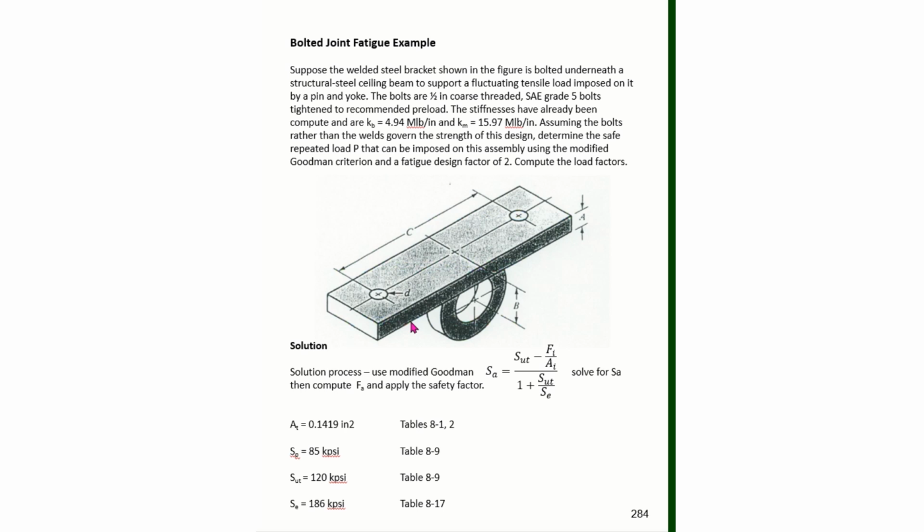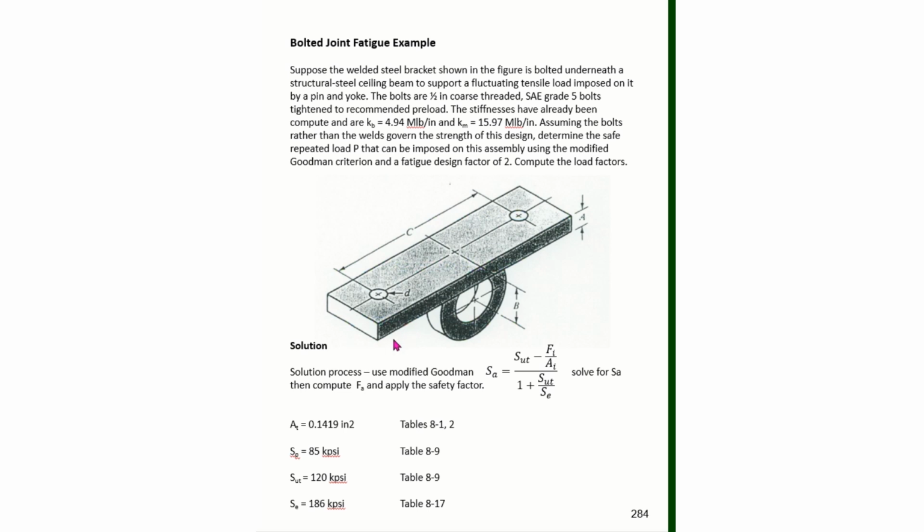To do that, we need to realize that our load is a load that is applied and released. So it's not a completely reversed load, but it goes from 0 to a P max.